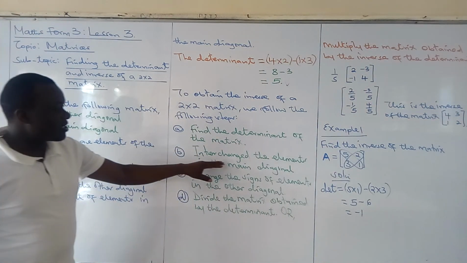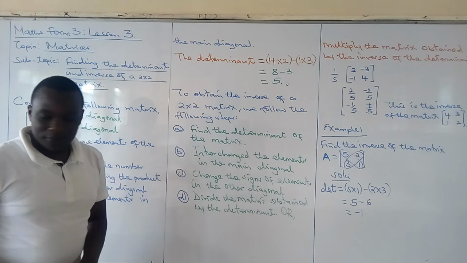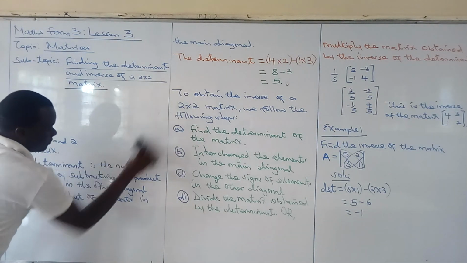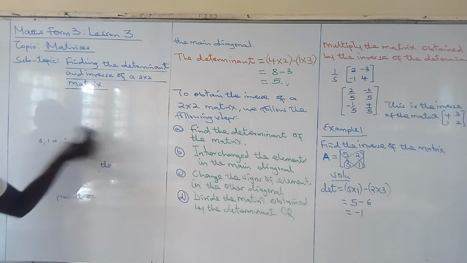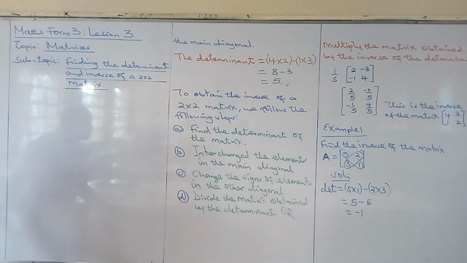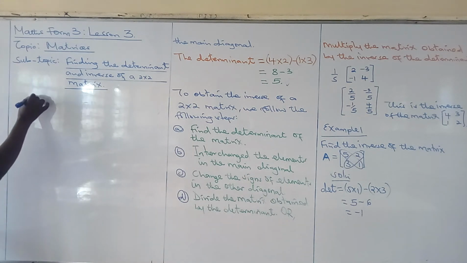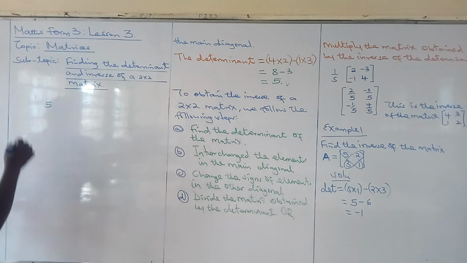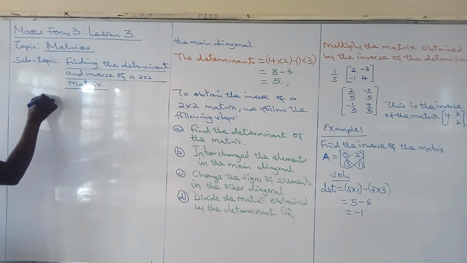Number 2, we will interchange the elements in the main diagonal. So we will have 1 coming first, then 5. We maintain the rest, but we change the sign.